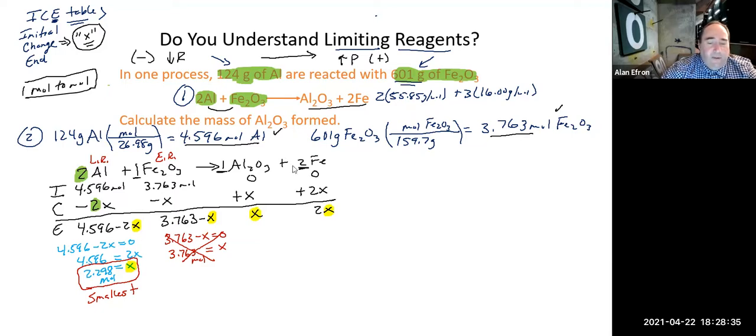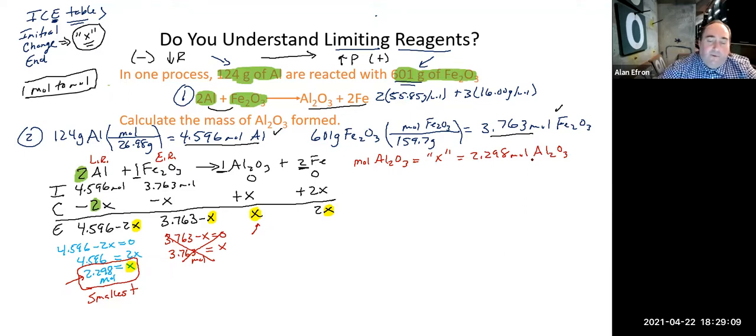So why don't we start with what was originally asked, which was aluminum oxide. When we go back to our table, we see that the moles of aluminum oxide equals x. And down here from our calculation, x equals 2.298 moles of aluminum oxide. So just that quickly, we now know how many moles of aluminum oxide was produced.